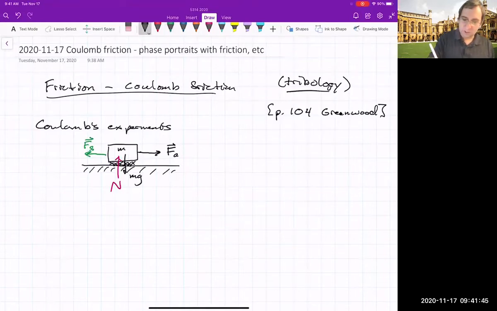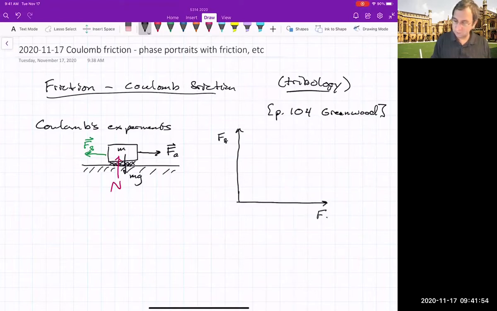So if we were to just sketch what he saw in terms of magnitudes, here's force of friction and the applied force. What he saw is that this was a straight, slope 1 curve up to a point. And what was that point? Here the magnitude of n is mg. So what he found was that this was mu s times n. So that's the static friction.